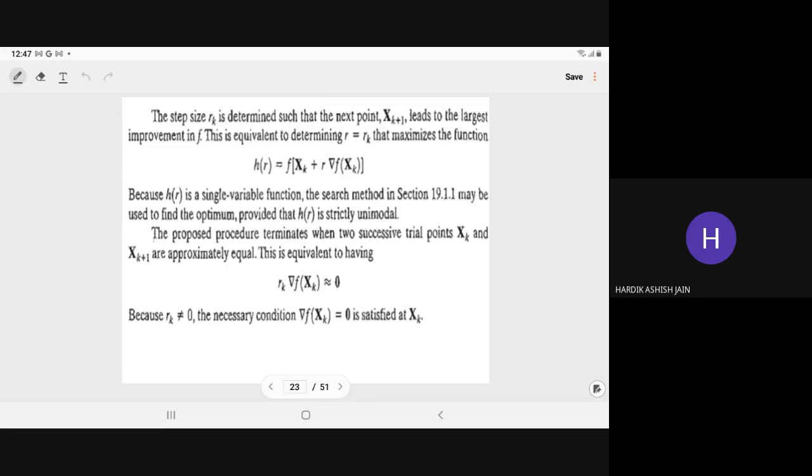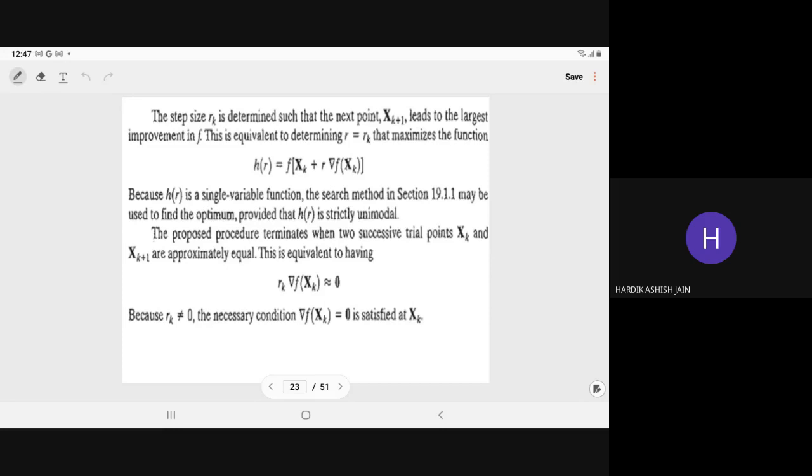The step size rk is determined such that the next point xk+1 leads to the largest improvement in f. In that direction, we must have the largest improvement in the value of f, meaning the largest increase in the case of a maximization problem and the largest decrease in the case of a minimization problem.